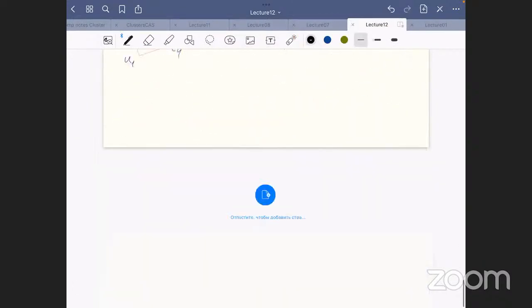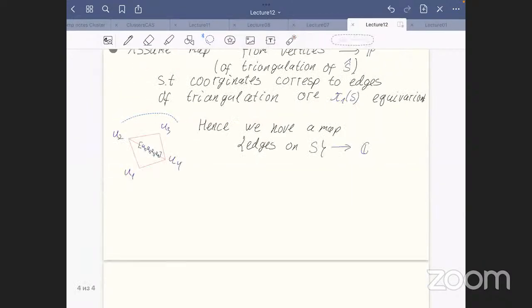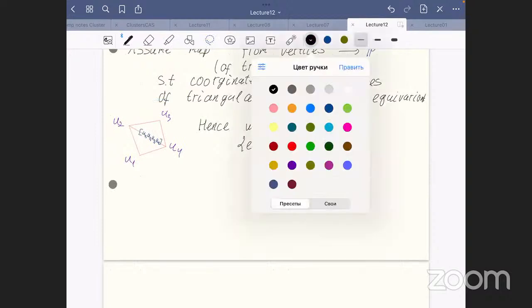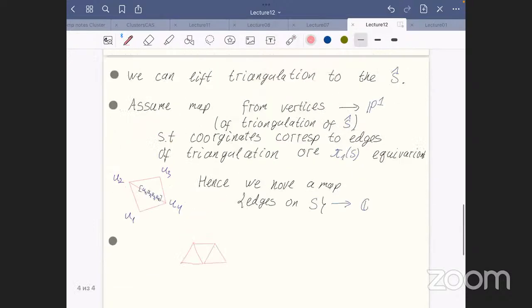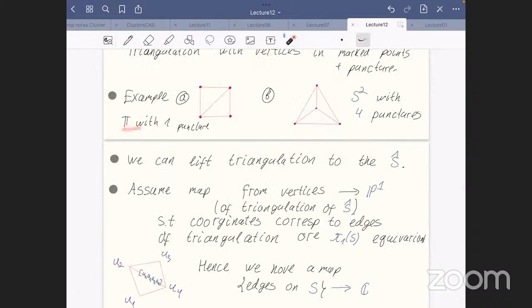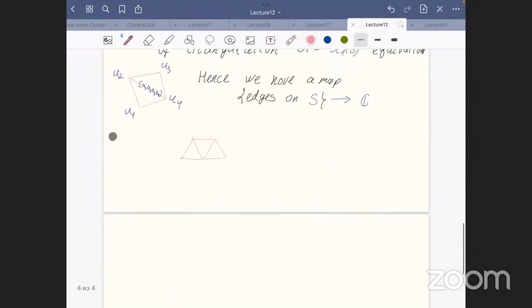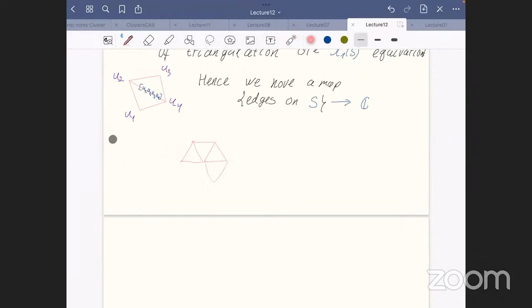So maybe I want to support what's going on by some picture. The picture will be rather abstract. Here I wrote rather concrete torus, sphere with number of punctures. Here I will be rather abstract. We have some triangulation.